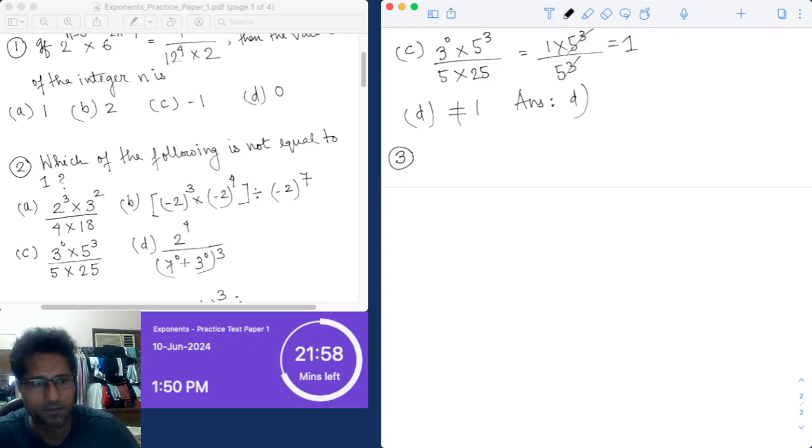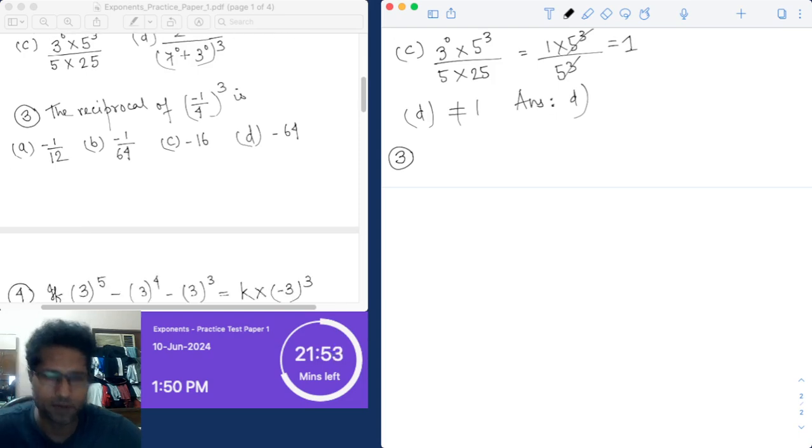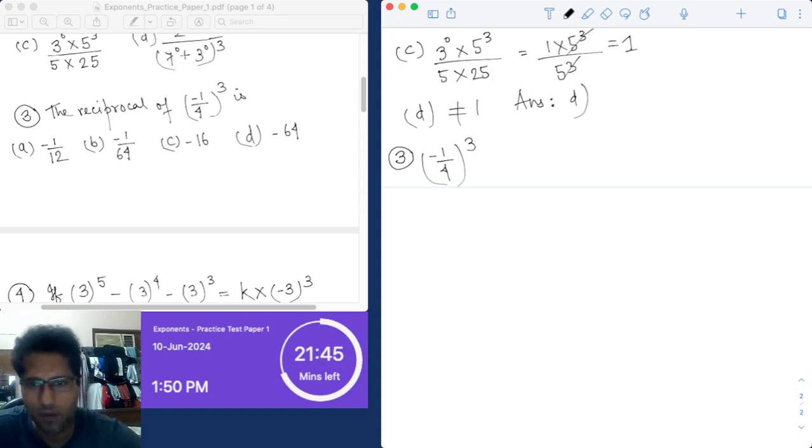Question number 3. What is question number 3? The reciprocal of (-1/4)^3 is, okay, so the reciprocal means power minus 1.